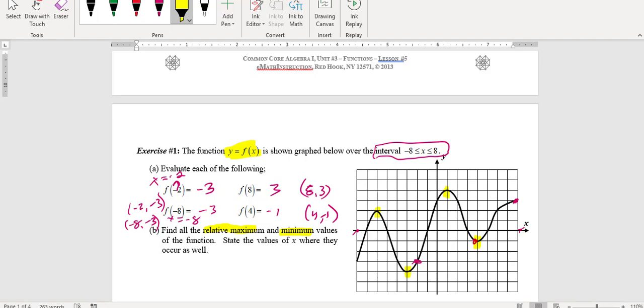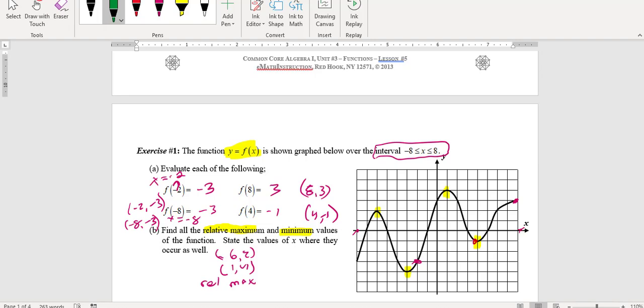So where are its maximums? I saw two maximums here and here. What are those coordinates? Well, this one's going to be (-6, 2). This one is (1, 4). Those are your relative maximums. We call them relative because they're happening throughout the graph. And then we have our relative minimums.